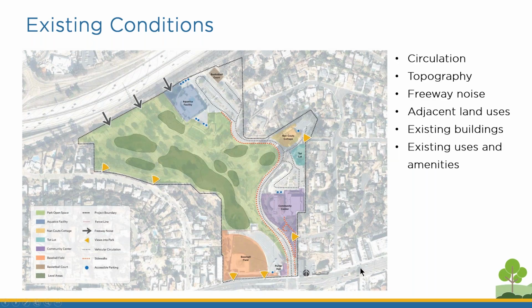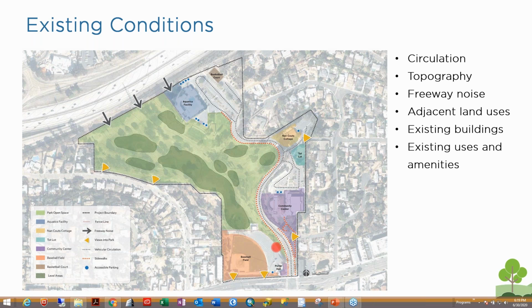The existing conditions analysis allowed the team to take a closer look at circulation, topography, adjacent land uses, and existing amenities. These elements played a pivotal role in the development of the concepts. For example, the site's elevation changes create both challenges and opportunities.